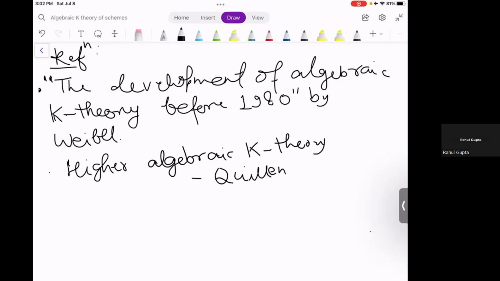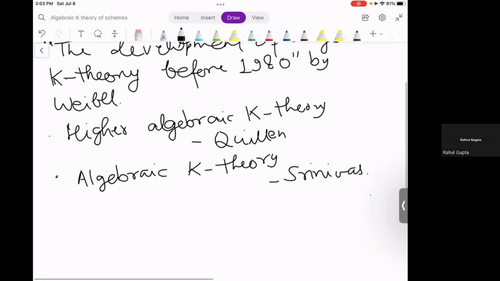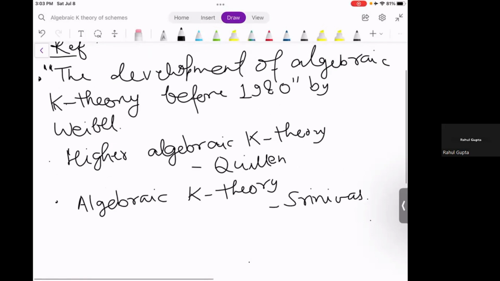And whenever this reference is there, automatically Srinivas's book, Algebraic K-theory, comes. I will follow basically these two books, and one good reference is always the K-book of Weibel to read more about algebraic K-theory. So these are the references.